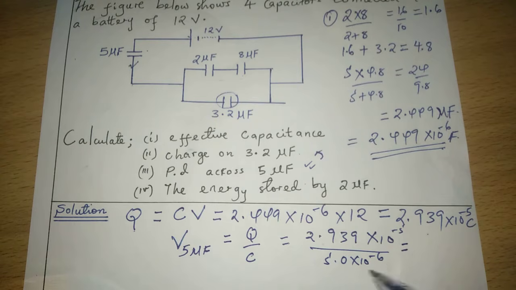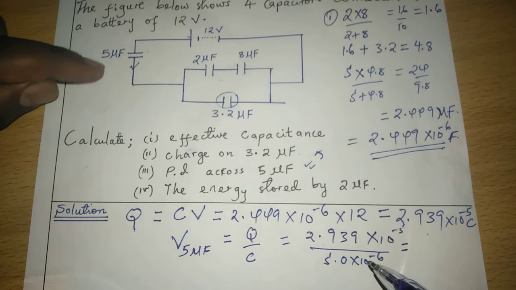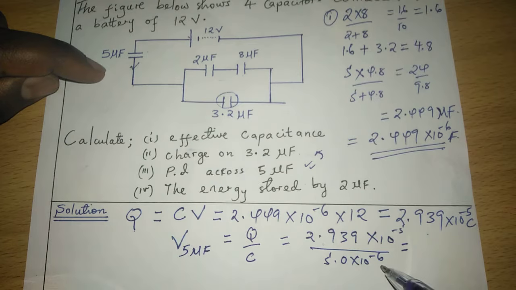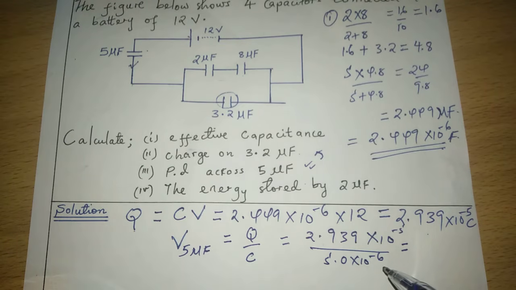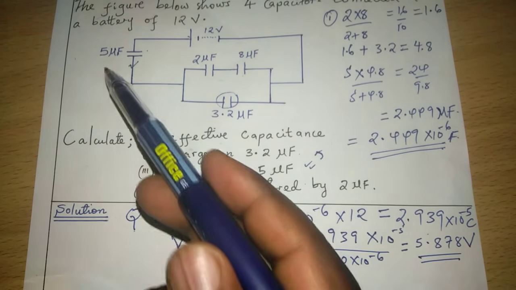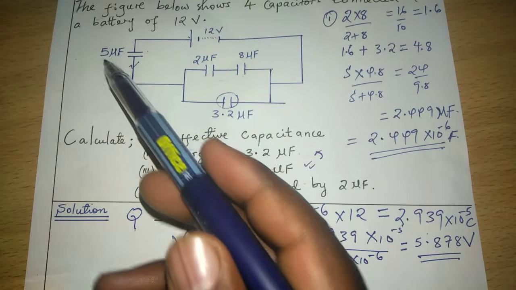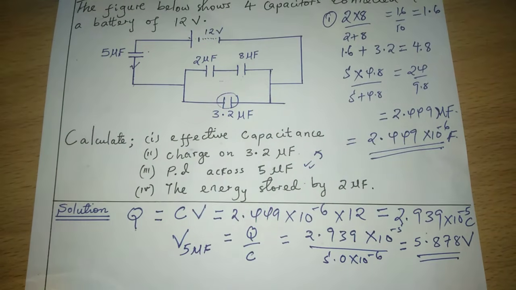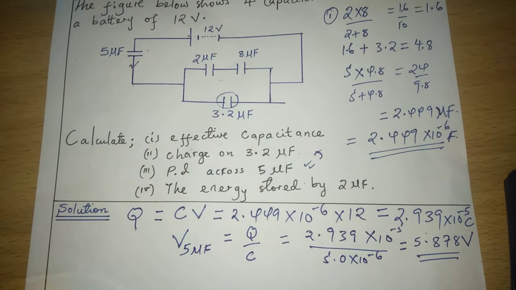To make microfarads into farads, we multiply by 10 power negative 6 to be in SI units. When we divide this, we get 5.878 volts. Therefore, the voltage across the 5 microfarad capacitor is 5.878 volts.